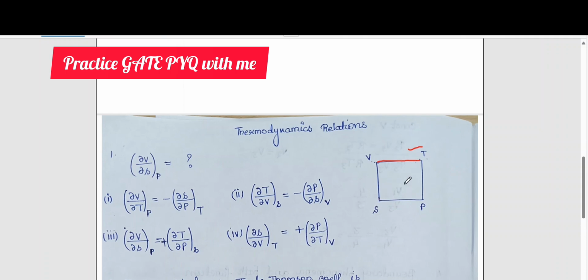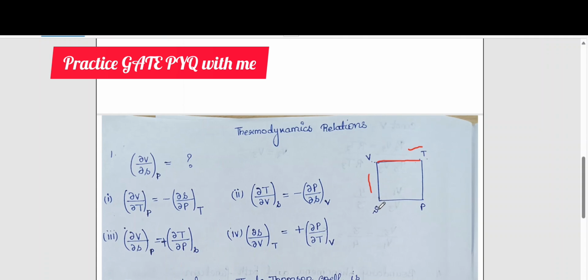In this one, del T by del V at constant entropy is equal to minus del P by del S at constant volume. If on this side the sign is positive, then you assume that this is negative and this is positive.